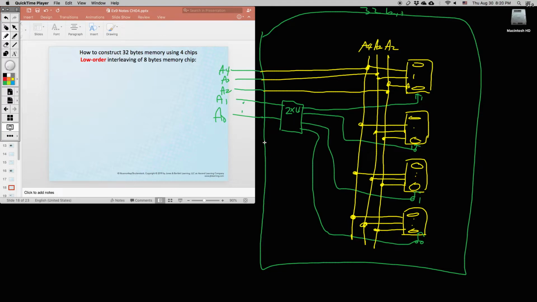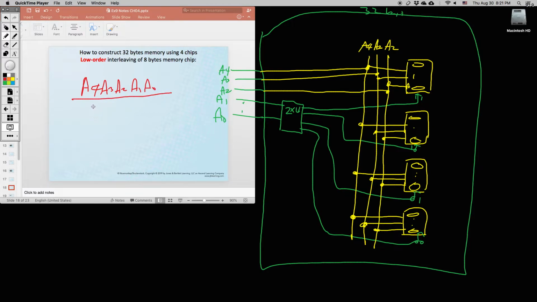Based on this configuration, here is what we find. We have address bits 4, 3, 2, 1, 0.